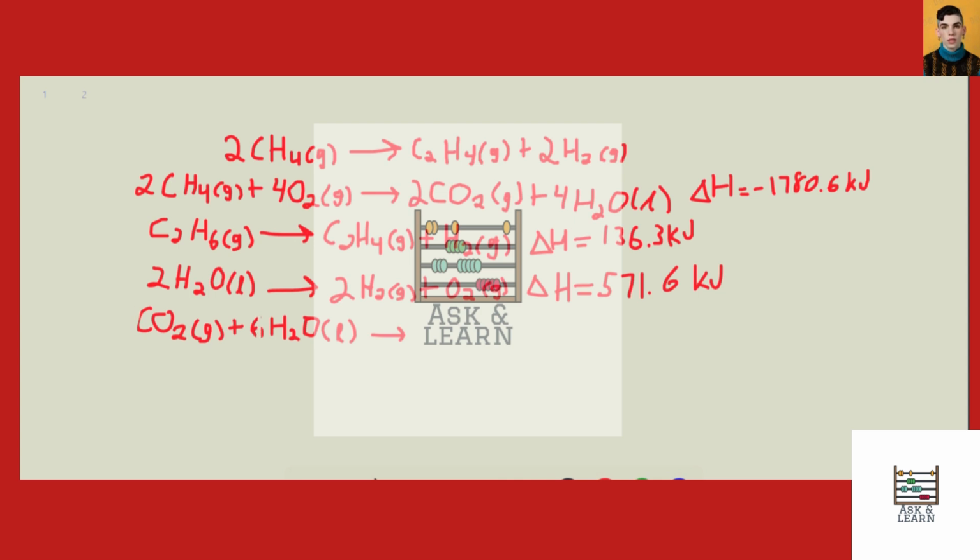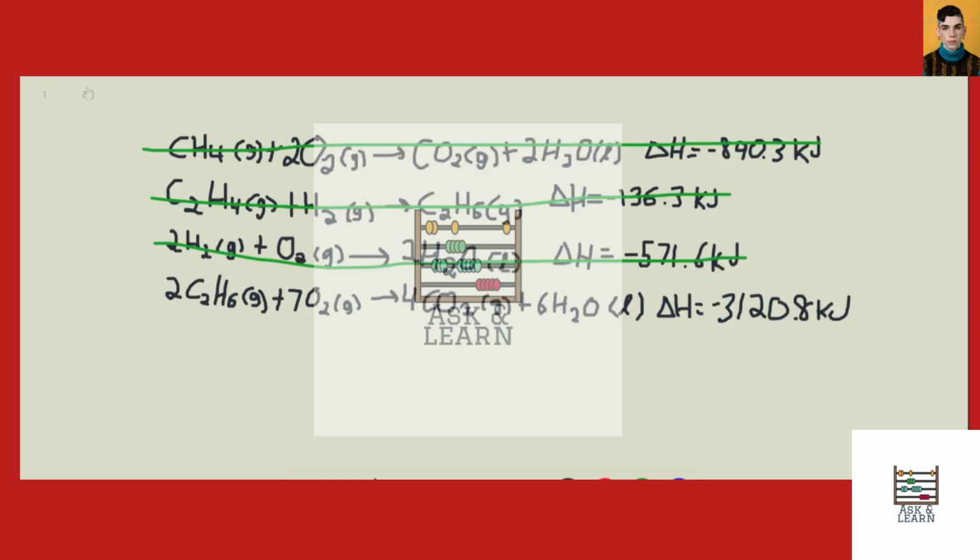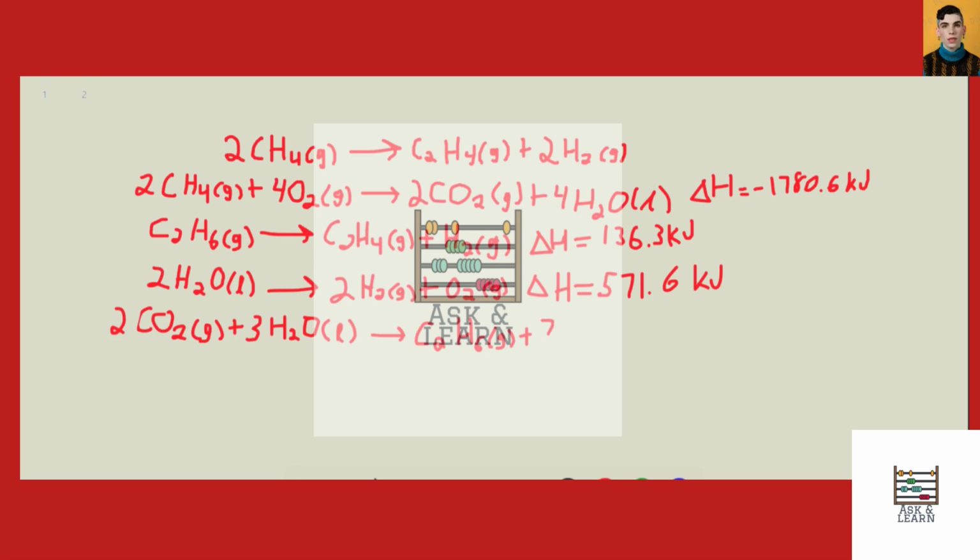So this is going to be 2, this is going to be 3, plus 7 over 2 O2.